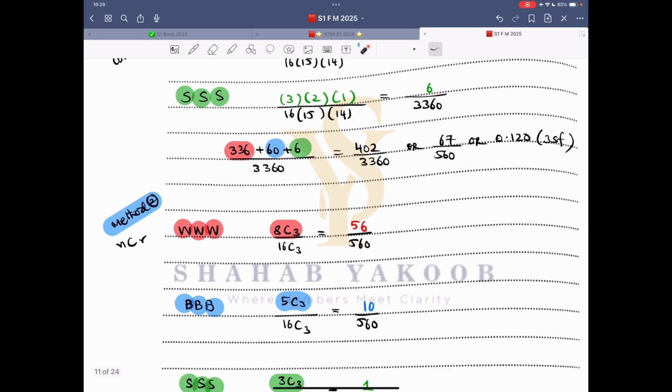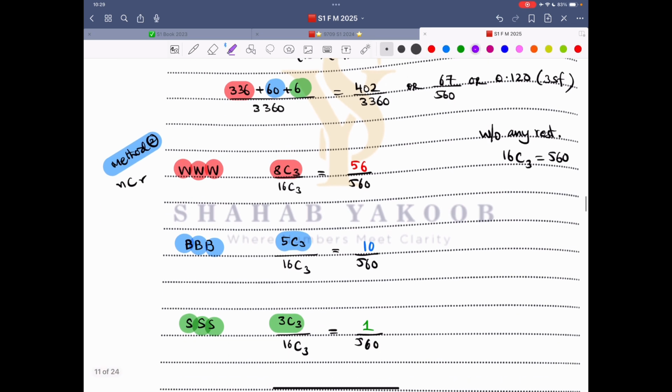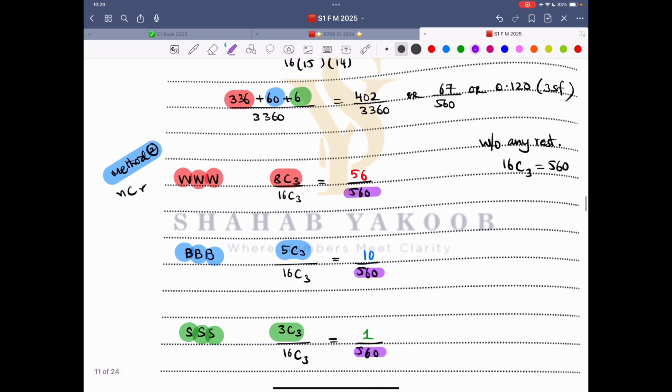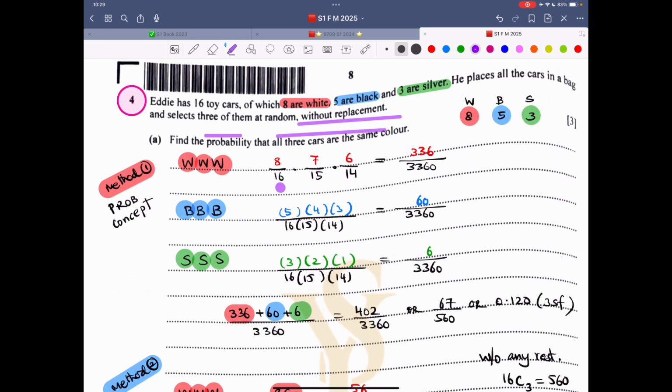Method 2. Method 2 is using the concept of combination. 16C3 is without any restriction, and that comes out to be 560. So the denominator is 560 all along. Over here, we were multiplying these 3, that was 3360.